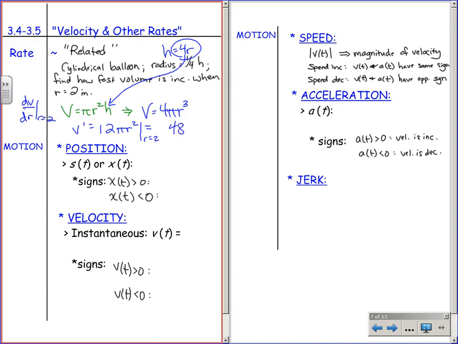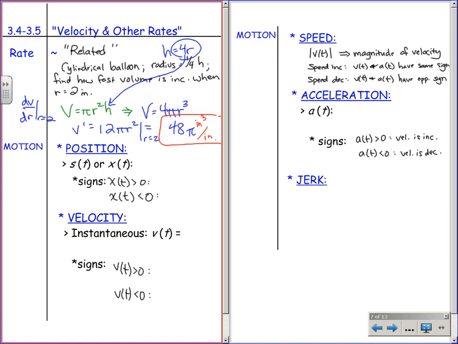What would my units be? Oh, it's inches, that was meters. Inches cubed per inch. Could you simplify that? I suppose, but what would get lost if you did simplify that?